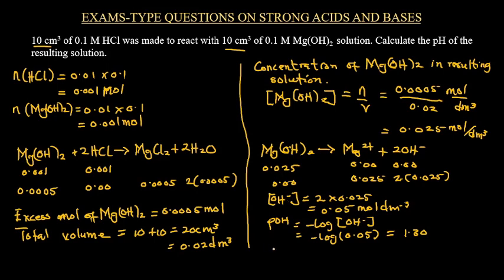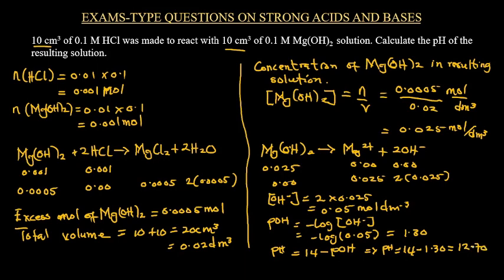We are interested in pH. So pH is equal to 14 minus pOH. So this implies that we'll have pH equal to 14 minus 1.30, which is going to be equal to 12.70.